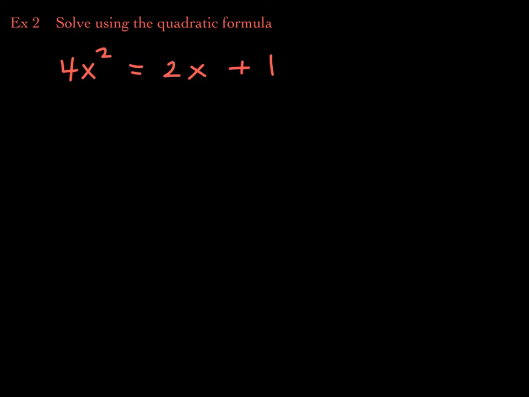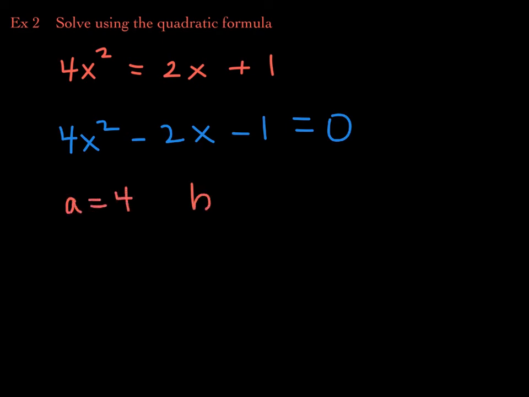So when I subtract 2x and 1 from both sides, I get 4x squared minus 2x minus 1 is equal to 0. All right, everybody, your a value is 4, that's the leading coefficient. Your b value is negative 2, that's the coefficient of the first degree term. And c, your constant term, is negative 1. Let's use these values as we plug them into the quadratic formula.